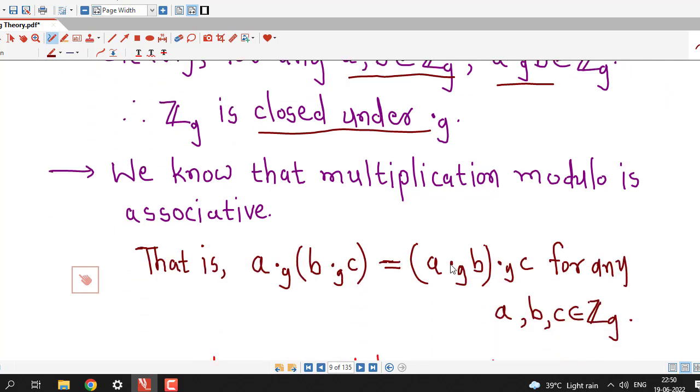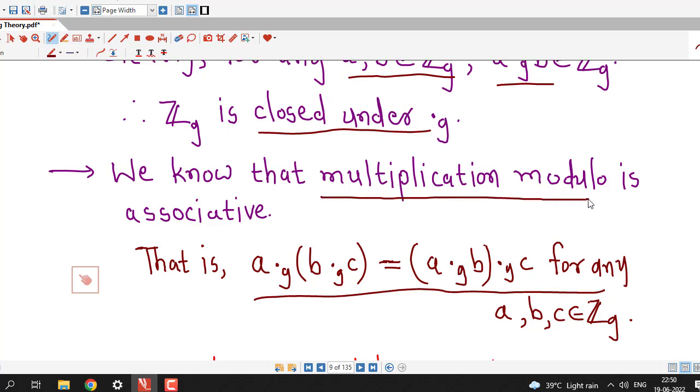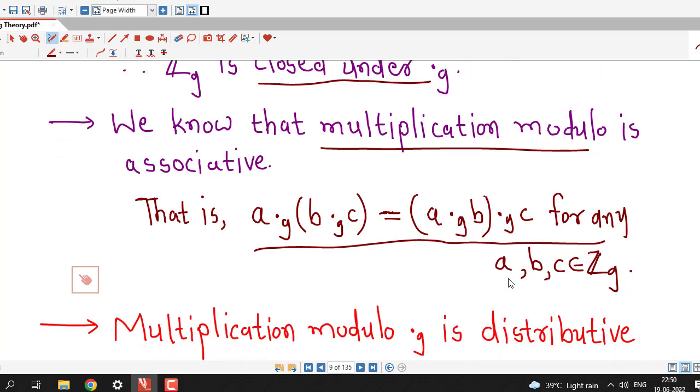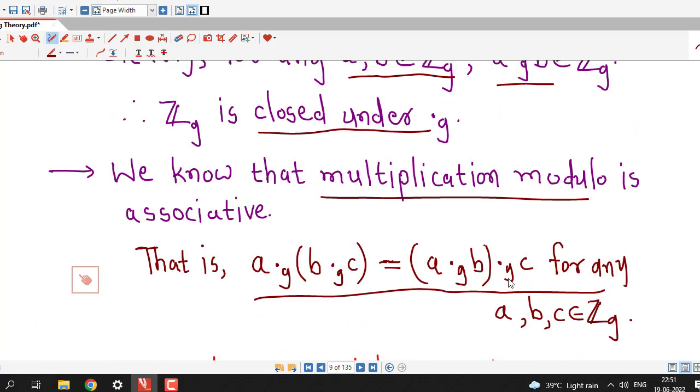So as in the case of addition modulo, multiplication modulo is also always associative. So we can directly write that we know that multiplication modulo is associative, therefore a into (b c) equals (a b) into c for any a, b, c belongs to Z9. Therefore this multiplication modulo is associative.